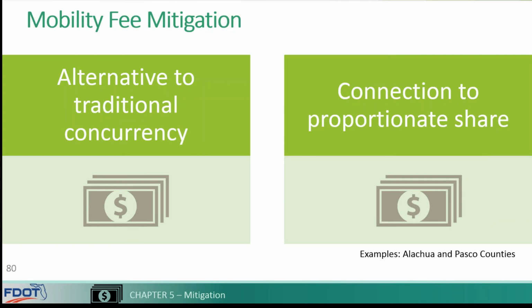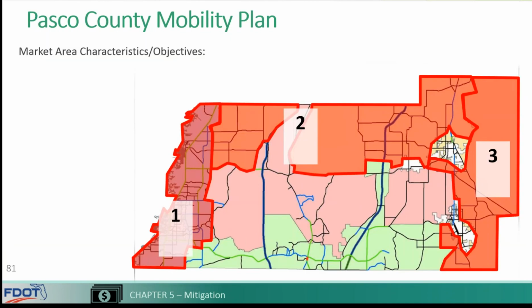You can set up the different parameters for what the mobility fee funds and which areas of your locality. You can vary the amount of the fee based on where the development's happening within specific areas, such as we're showing here in Pasco.